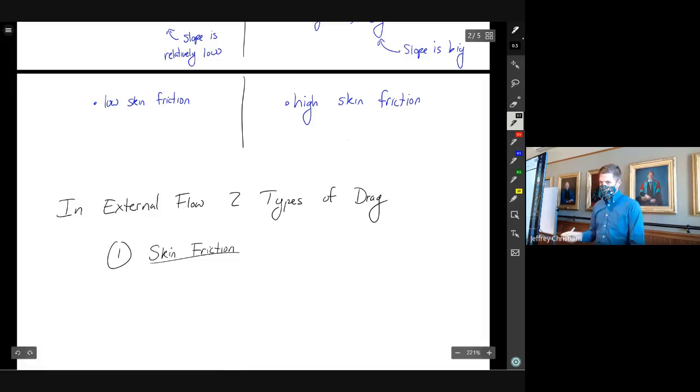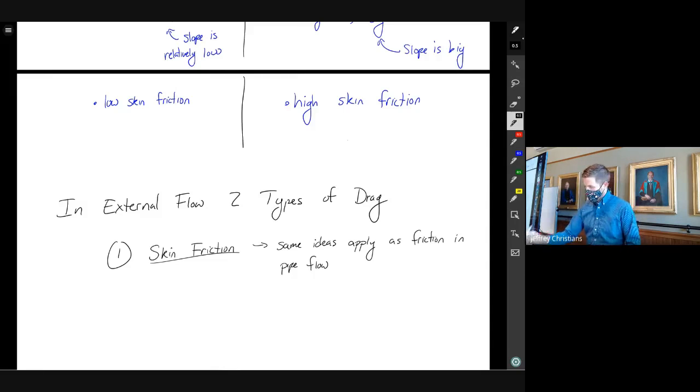Okay, so skin friction, really the same ideas apply as friction in pipe flow. What do I mean by that?